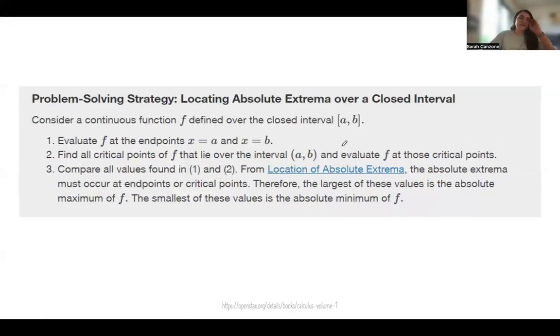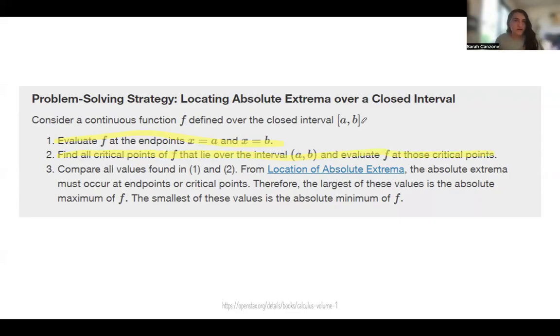All right. And so that's just kind of what this is saying here. It's saying evaluate f at the endpoints a and b, given that this is a closed bounded interval. Once you evaluate f at a and b, that's simply doing f at a and f at b, just plugging it in, no derivatives, very simple, straightforward plug in. Next step is we want to find all critical values in a to b and evaluate f at those critical points. So what we were just doing was finding the x values.